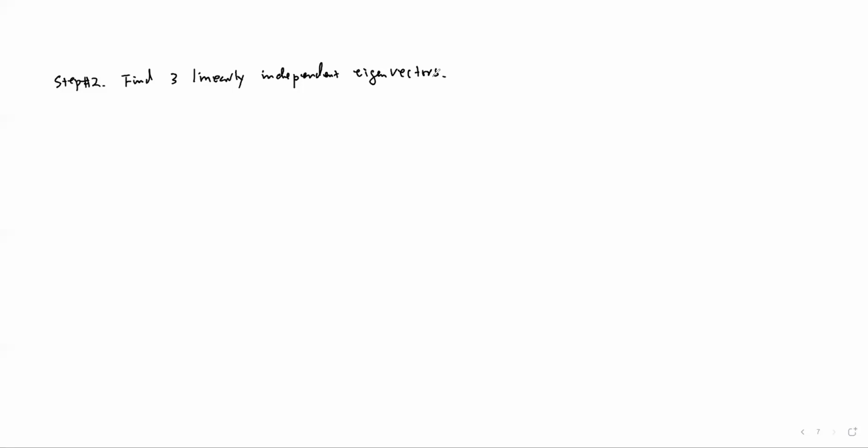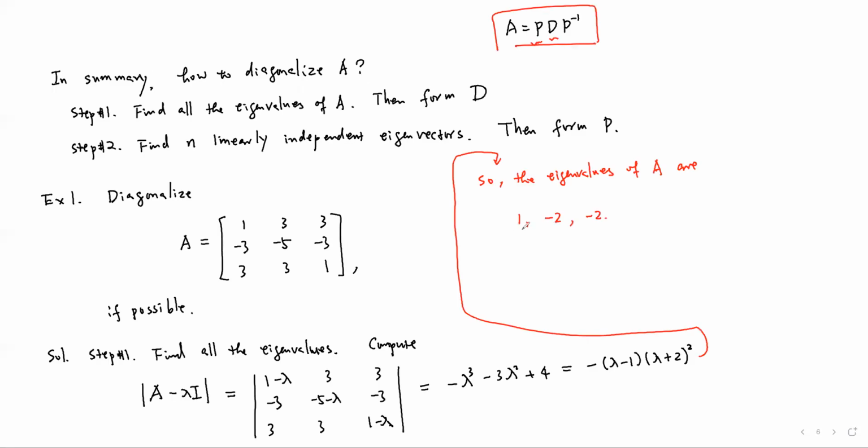If we cannot find 3 linearly independent eigenvectors, then we cannot form the matrix P. Therefore, A is not diagonalizable. Now we have 2 distinct, different eigenvalues. Let me find eigenvectors corresponding to eigenvalue 1 first.